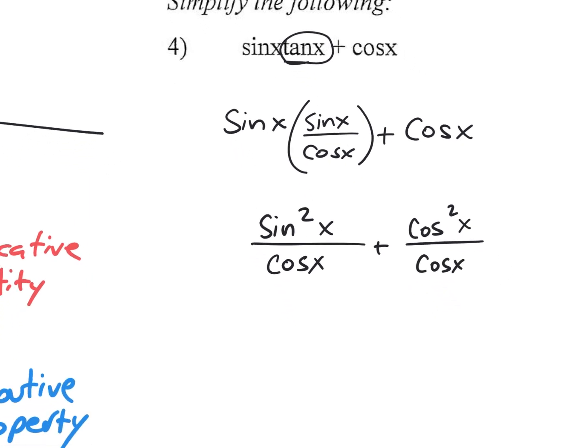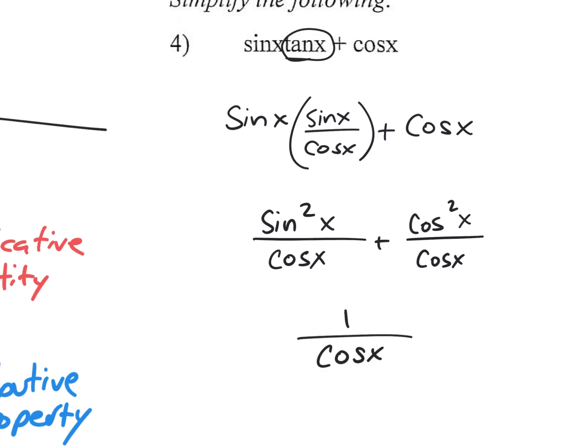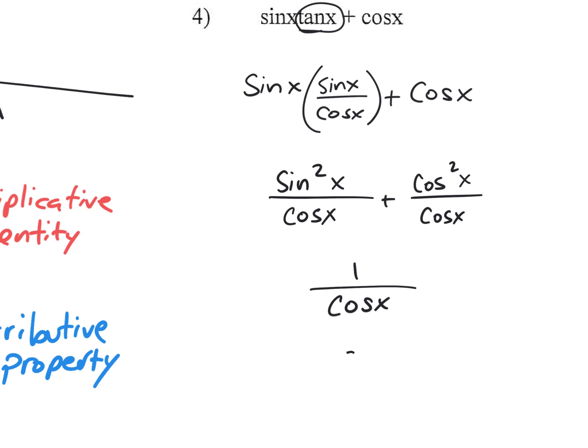And what that allows me to do is I can see that in my numerator, I have sine squared x plus cosine squared x. That's one of my Pythagorean identities, our favorite one. So this fraction here can be rewritten as 1 over cosine x, which we know through the reciprocal property is the same as the secant of x. And we are done.